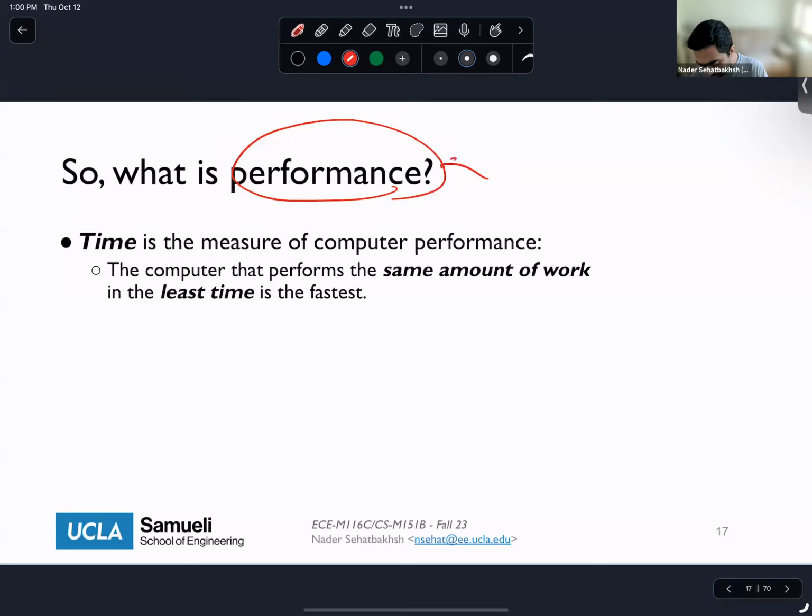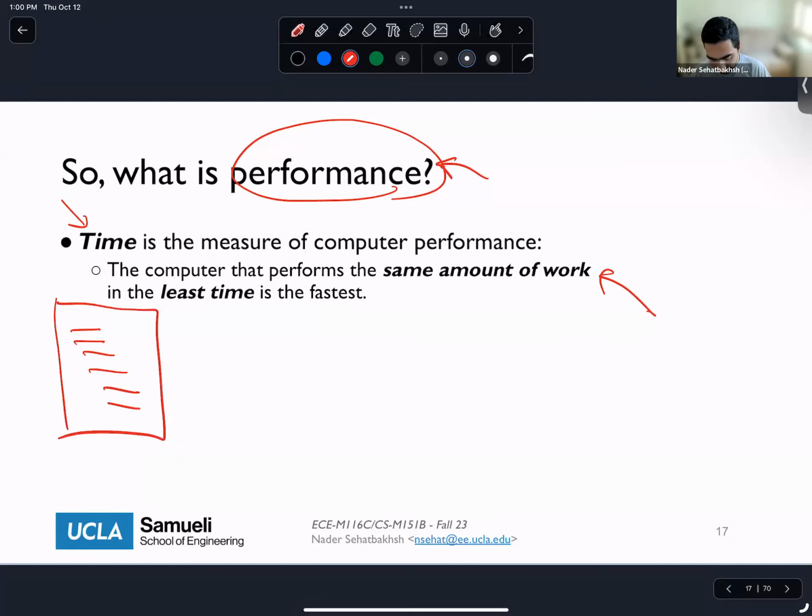So how do we measure the overall performance of our processor? Basically, we're going to use the overall time as the measure for performance. Individual tasks and all those things are okay, but if I have n tasks and look at the computer as a black box, where I put in the input, wait, and see the output, I'm going to measure this time.